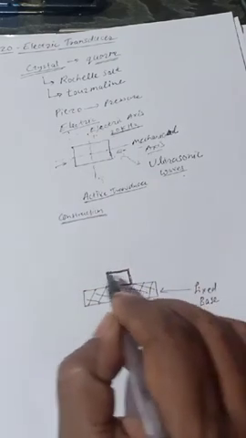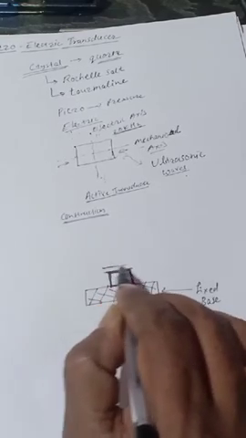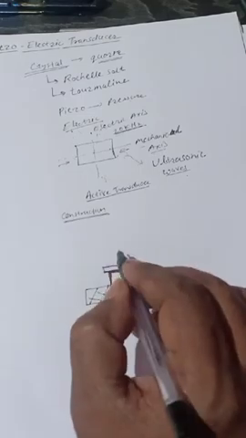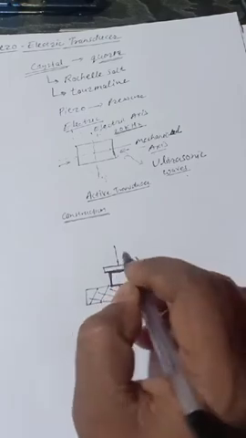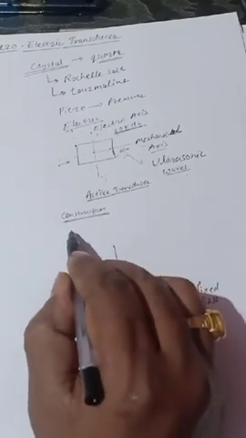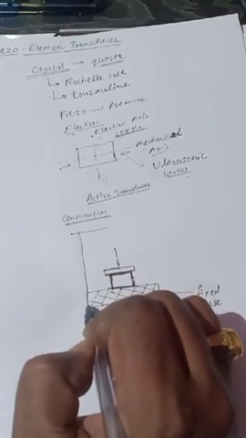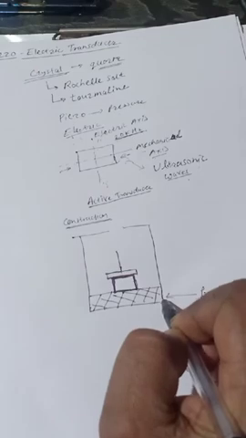Then, to create a pressure, we put some material which is attached to a diaphragm, and this total structure is enclosed in a closed cabin.